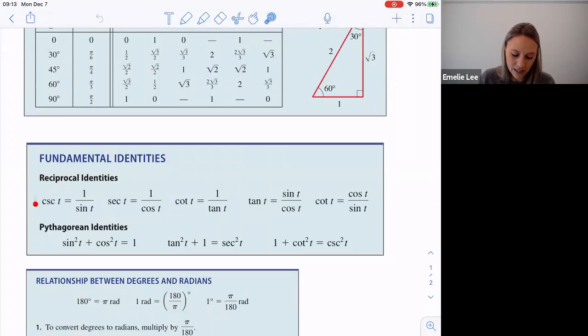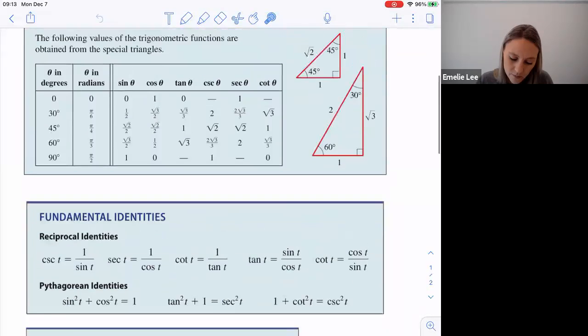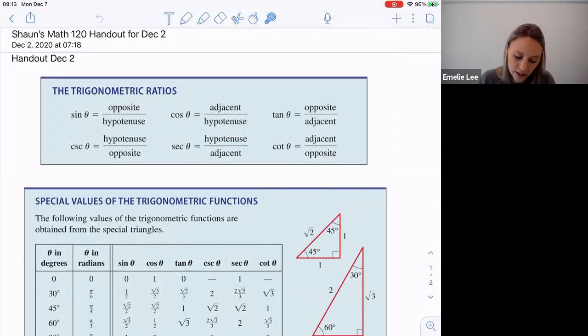And in fact, I think that this box is a little bit easier to read, right? This first one is a little bit more helpful if you're dealing with triangles, right? So sine theta, SOHCAHTOA is the first line here. And then, of course, the cosecant, secant, and cotangent are just the reciprocals of the ones above it.